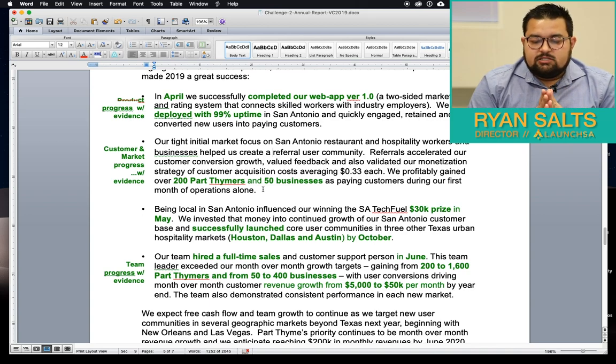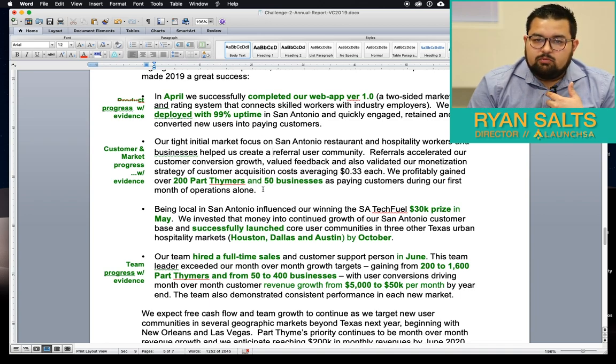Being local in San Antonio, we won a local prize. That's our next paragraph. It does relate to customer and market because it relates to the revenue itself and the winning or money that we got. So we got first prize in a local competition, $30,000 in May, and we used that money to invest in our customer growth, which helped us get into new markets like Houston, Dallas, and Austin by October.